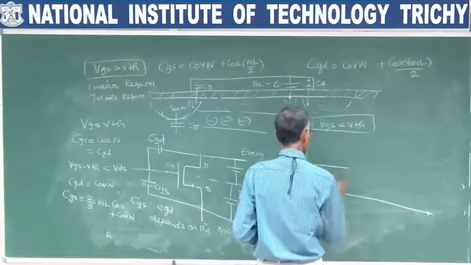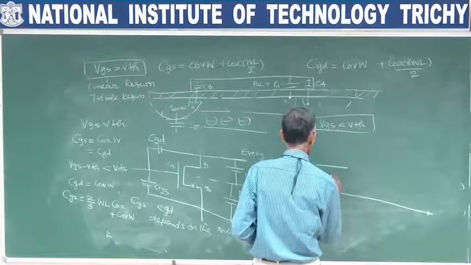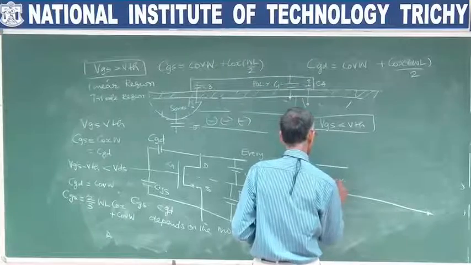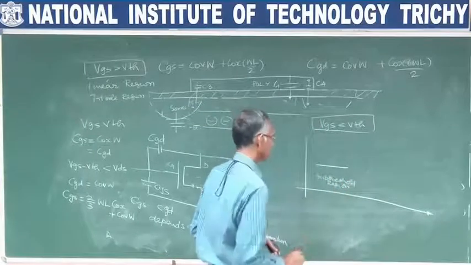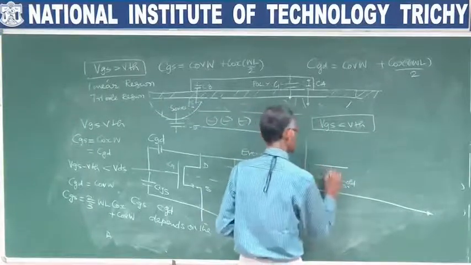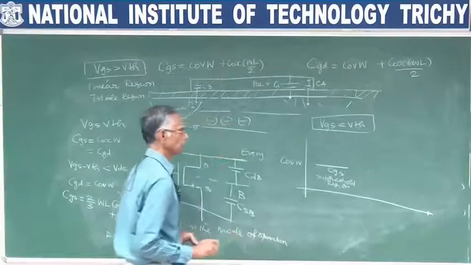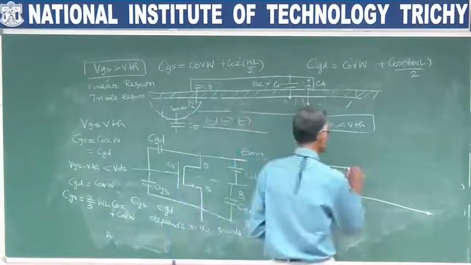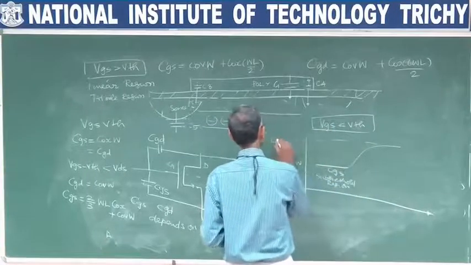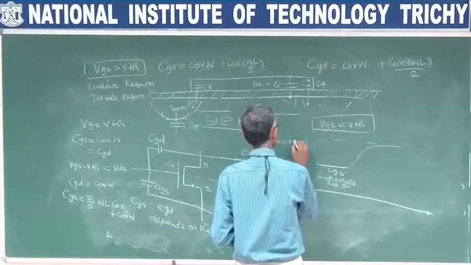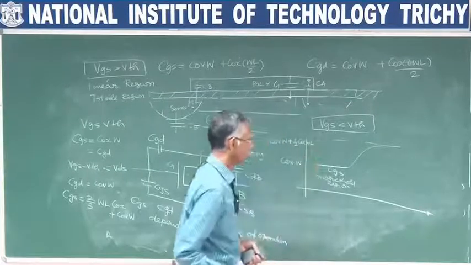So in the threshold region, CGS is equal to COV into W. It increases to COV W plus half of COX into W by L, that is in the linear region.